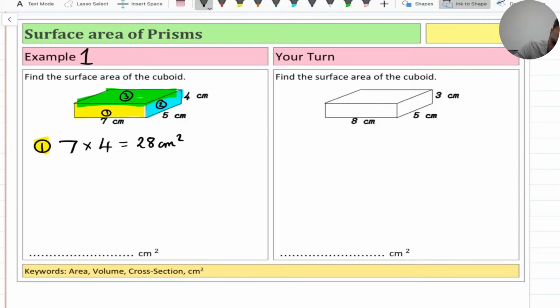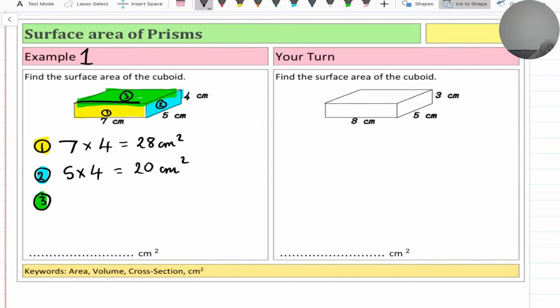So now we need to work out the area of the right-hand side, which is the blue side. The length and width of this one here is 5 and this one here is 4. So the area of that rectangle on the right is going to be equal to 5 times 4, which is equal to 20. This one here is a little bit tricky.